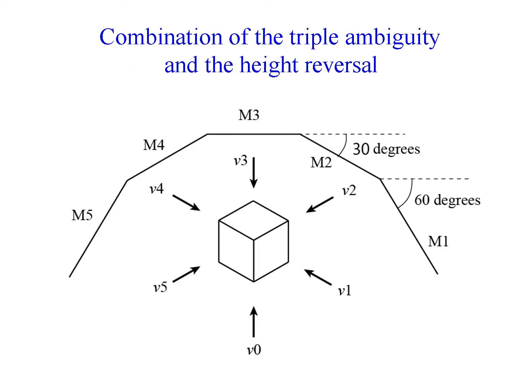Finally, we can combine triply ambiguous objects with height reversing objects. The triply ambiguous object has 3 special view directions from which we see different shapes. And for each of these view directions, we have the opposite view direction from which we see the height reversed shape. So in total, we have 6 view directions from which we perceive different shapes.